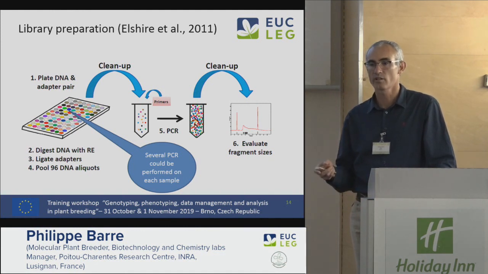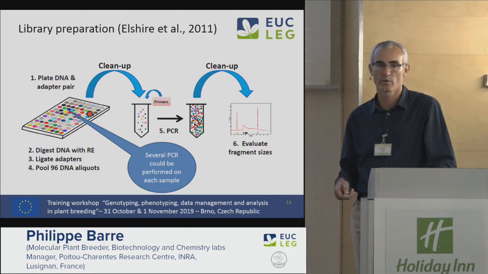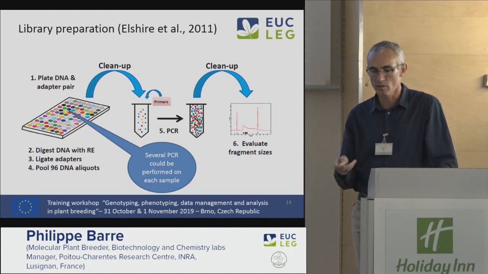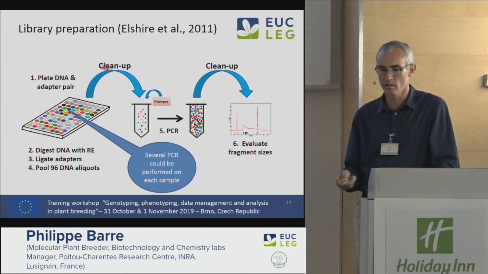So that's very convenient, and that's very cheap. But sometimes what you want is to come back to the samples, and for some experiments, we do the PCR for each sample separately so that we can go back to the PCR to resequence if we want. But the cheapest way of doing it is the way presented by Elshire.